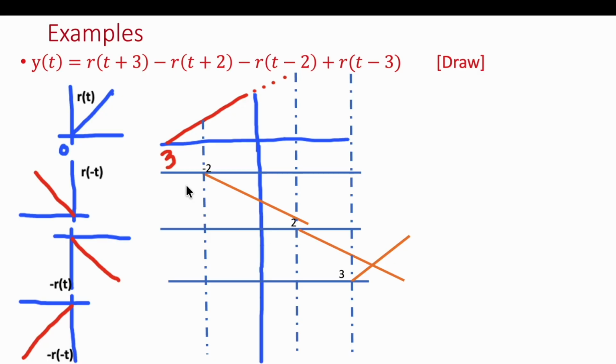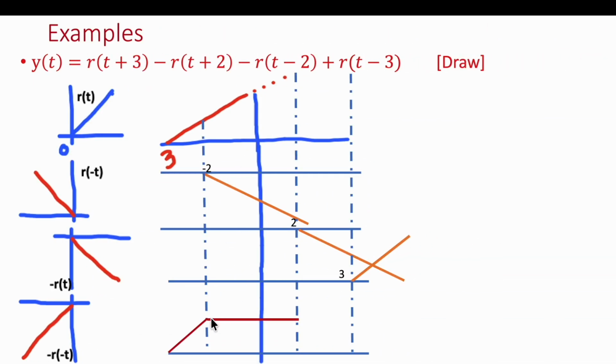Then you can calculate the resultant signal. From minus 3 to minus 2, you only have the first signal, which is the ramp signal only, so you draw just that signal. From minus 2 to 2, the other signals are there, and these two signals cancel each other, and you end up with a constant line.